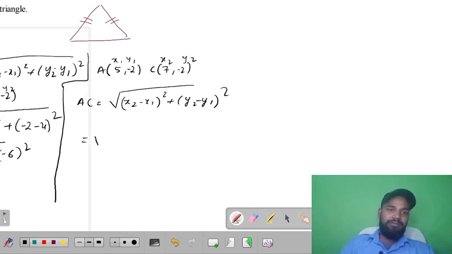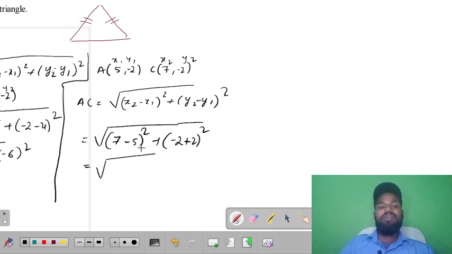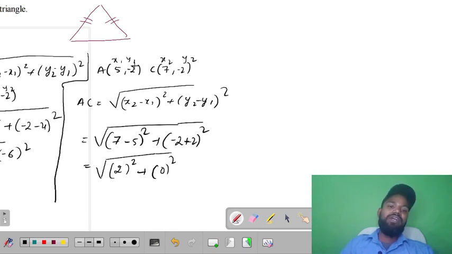Then substitute them. x2 is 7 minus x1 which is 5, whole square, plus y2 which is minus 2 minus y1 which is minus 2. Minus 2 minus minus becomes plus 2, so it is plus 2 minus 2, which becomes 0.